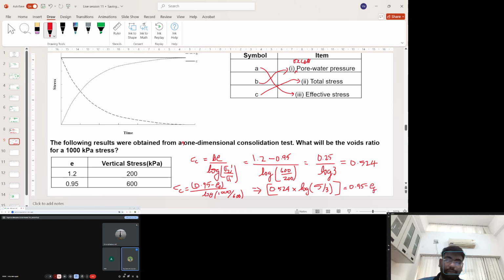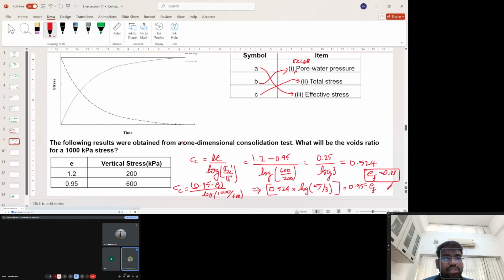How much are we getting? 0.834. Yeah. So ef will be 0.83. Alright. So logically we are getting a lesser void ratio than the given void ratio.